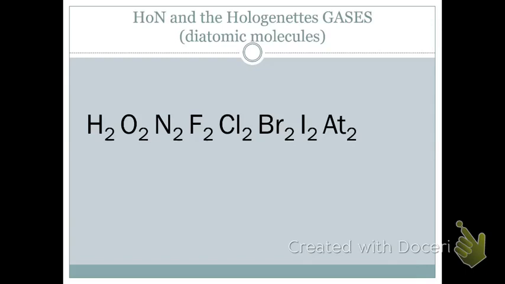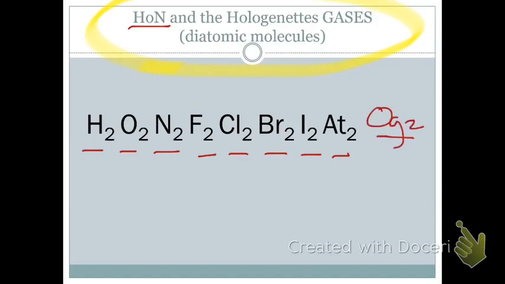But we do have that group of gases, which we all need to make sure we always remember, which we call Han and the halogenettes. And that is hydrogen, oxygen, and nitrogen. There's your Han. And then you have your halogens: fluorine, chlorine, bromine, iodine, astatine, and the new one, of course, which is oganesson. Those are all considered to be your halogenettes.